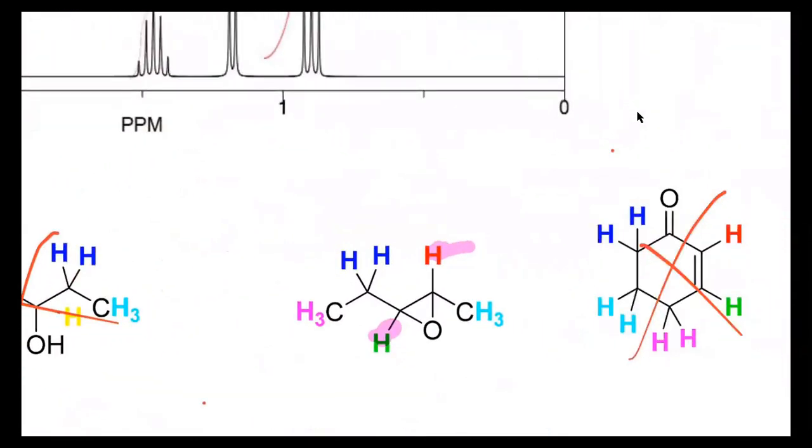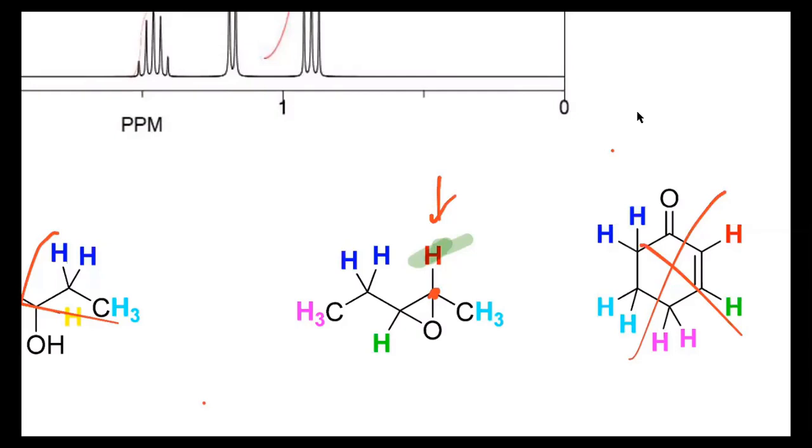So how many neighbors? I need to change my highlighter. How many neighbors does this one have? Keep in mind, we're thinking about the hydrogen, but we're looking at the carbon that it's attached to when we're determining the neighbors, okay? So the hydrogen right here is neighbored by 4 hydrogens. You see that?